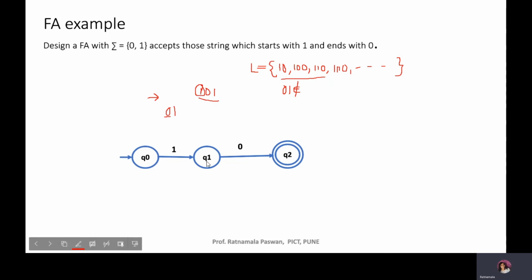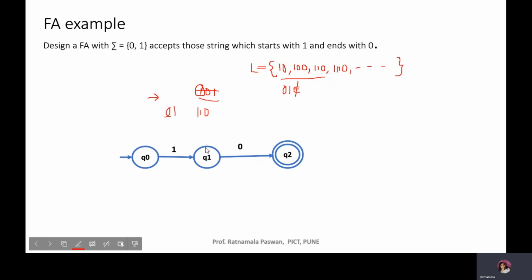Now we will take another string, 110. 110 is a valid string, but it is not accepted by this finite automata.